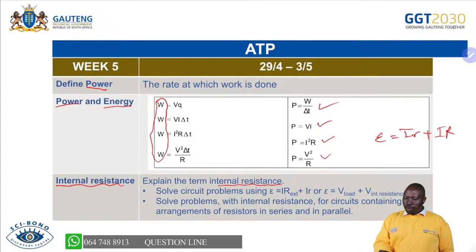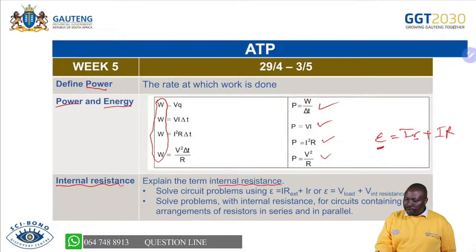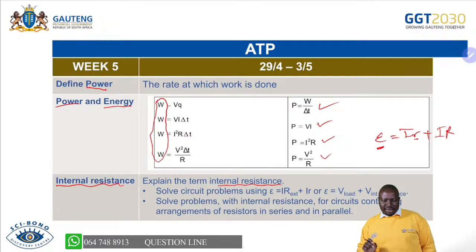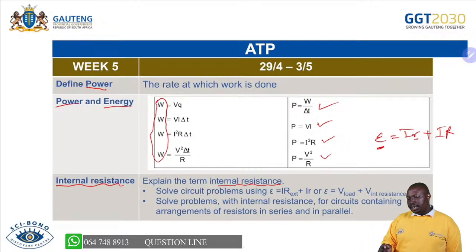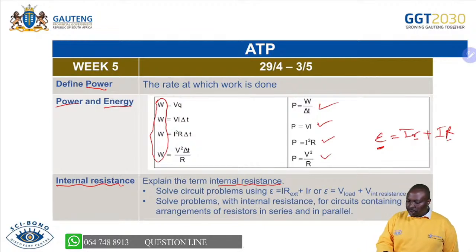So we'll have our EMF, and then our current that is flowing, which is the total current flowing in the circuit. You'll have this small r, which is our internal resistance. You must be able to see that that small r stands for internal resistance, and the capital R is the effective resistance.